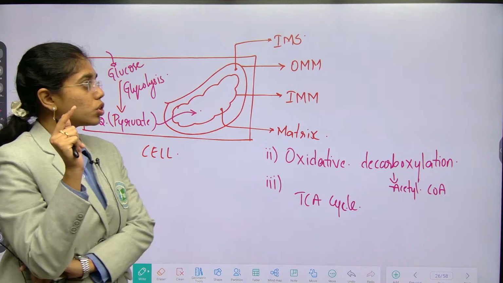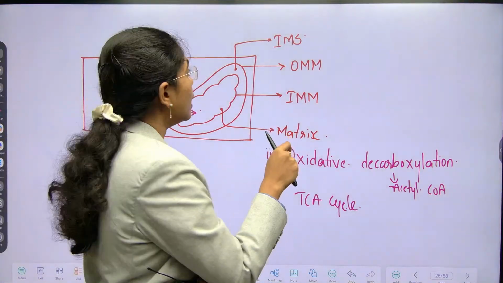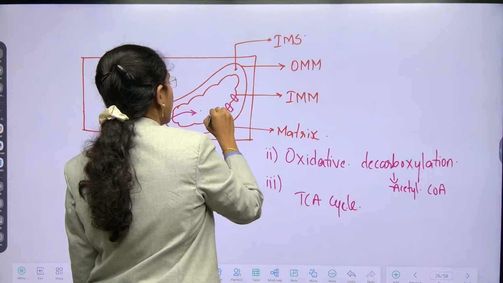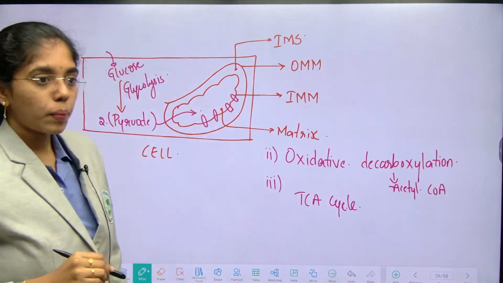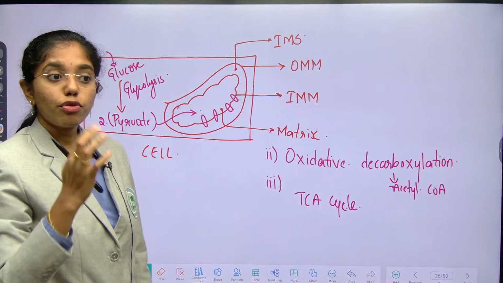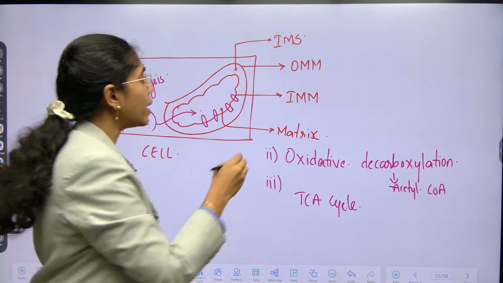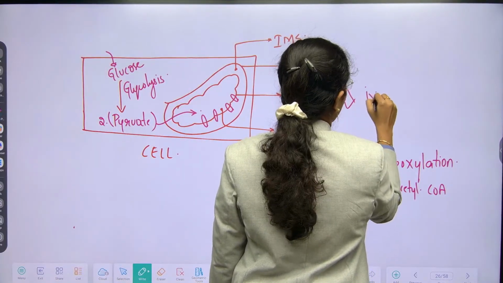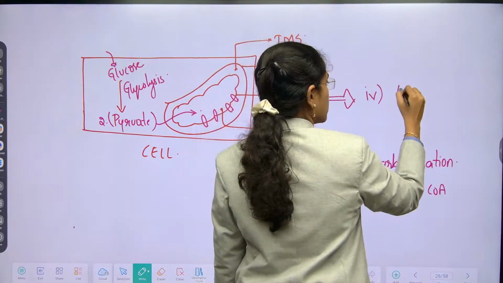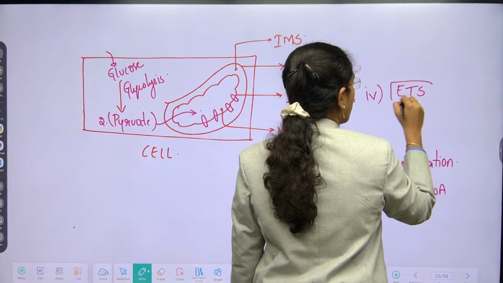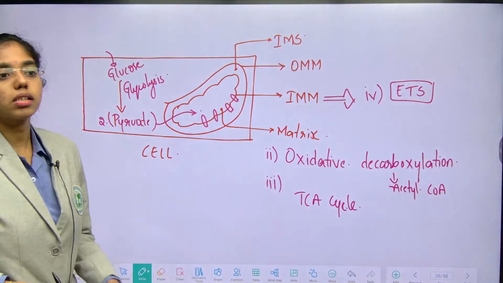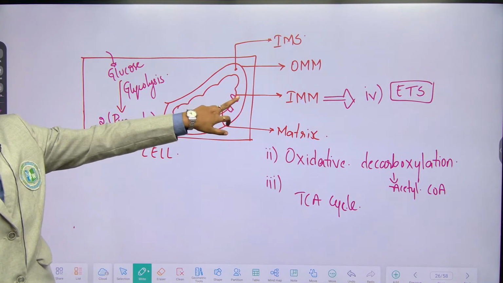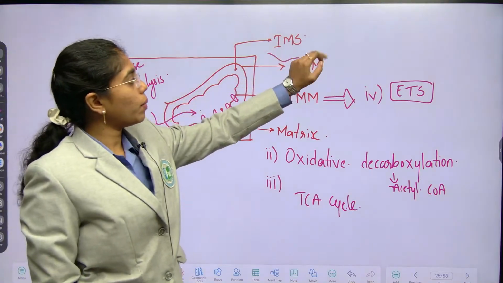That last activity is done with the complexes that are attached to the inner mitochondrial membrane. 4 complexes are present which will activate the electron transport system, which is the fourth and final step of aerobic respiration. All the complexes related to the electron transport system are present in the inner mitochondrial membrane facing towards the intermembrane space.